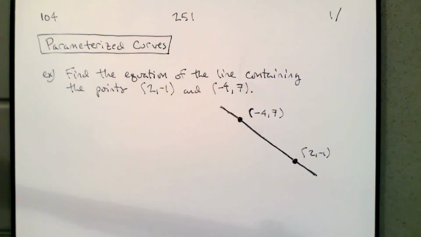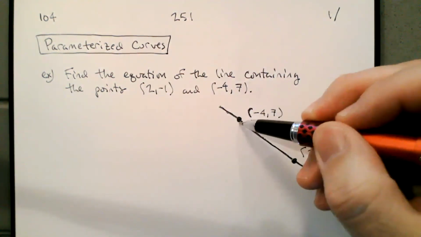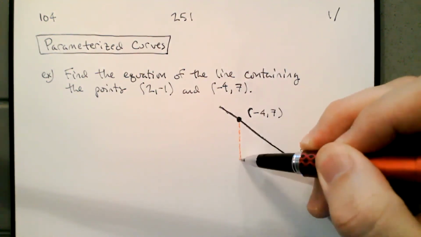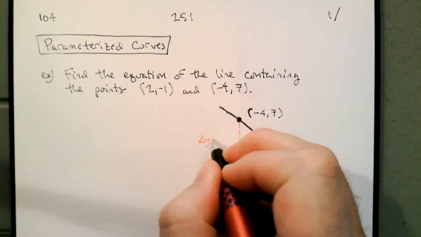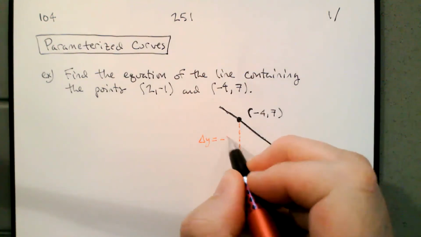To find the equation of a line, we need a point and a slope. So in this case, we've got 2 points, but we need to calculate our slope. Slope is going to be rise over run. So if I look at the vertical change, our change in y is going to go from 7 down to -1 for a decrease of 8.